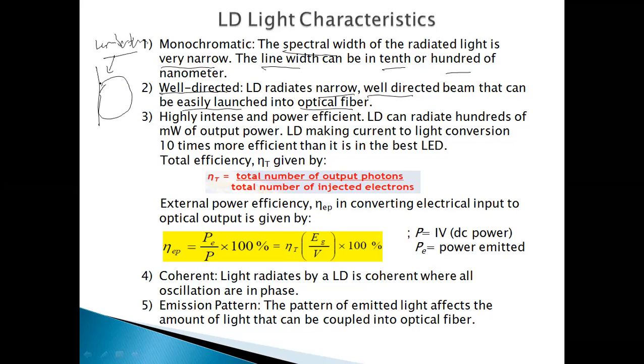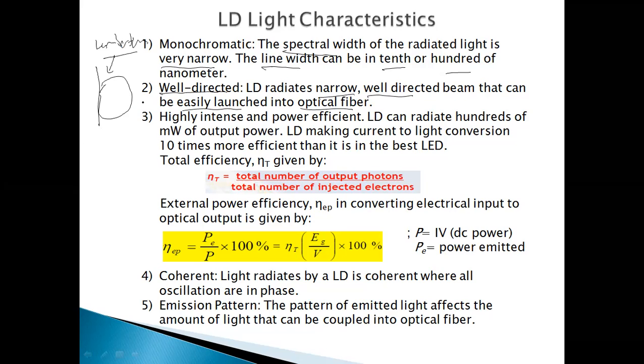So this is the intensity profile of the LED, which is based on the Lambertian profile of light. The radiation is not narrow; it is quite wide in terms of the radiation angle. So for the LED, the launching of light, the coupling of light from the LED to the fiber, is not effective as compared to the laser diode.